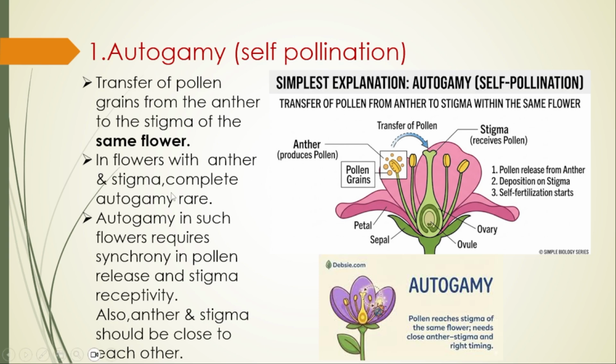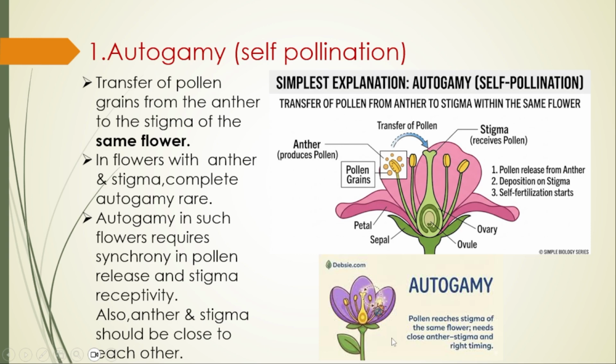In flowers with anther and stigma, complete autogamy is very rare. Autogamy in such flowers requires synchrony in pollen release and stigma receptivity. What happens in such flowers is that complete autogamy is very rare, because if the pollen grain is matured, the stigma will lag. If the stigma is matured, the pollen grain will lag. There must be an accurate time between these two. Then only autogamy is going to take place.